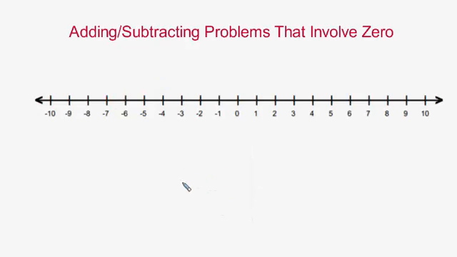Another problem that involves 0 is if you have 2 numbers that are opposite in sign and you are adding them. So for example, if you had negative 5 and you added 5, you could think of this problem as you have 5 negative chips, if you like the chip model, and you're going to add 5 positive chips.